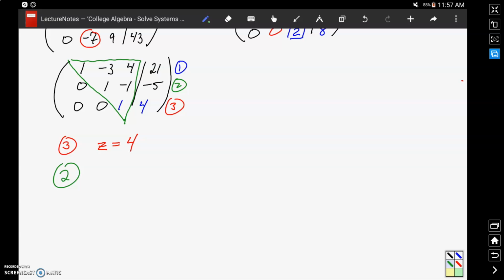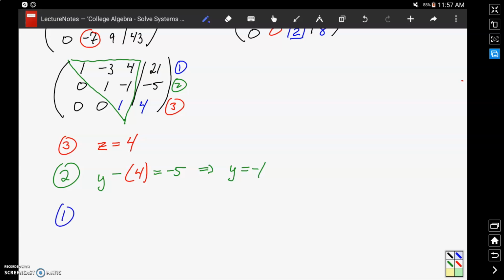So we work our way up to equation 2. Which will be y minus 1 times z, where we know that z is now equal to 4, is equal to negative 5, and then solving for y would give us negative 1.